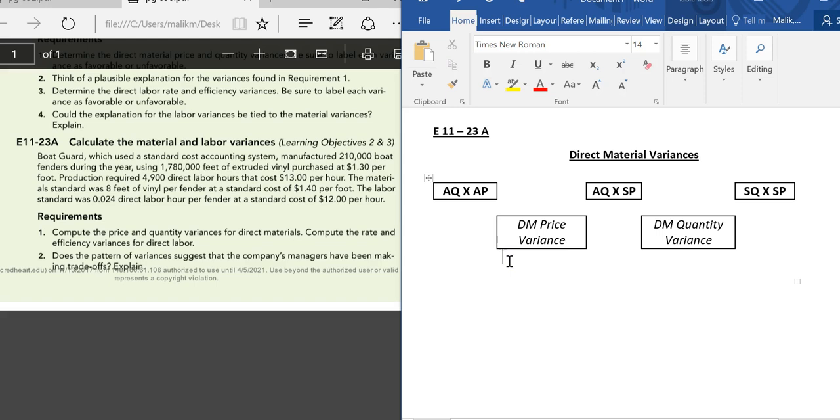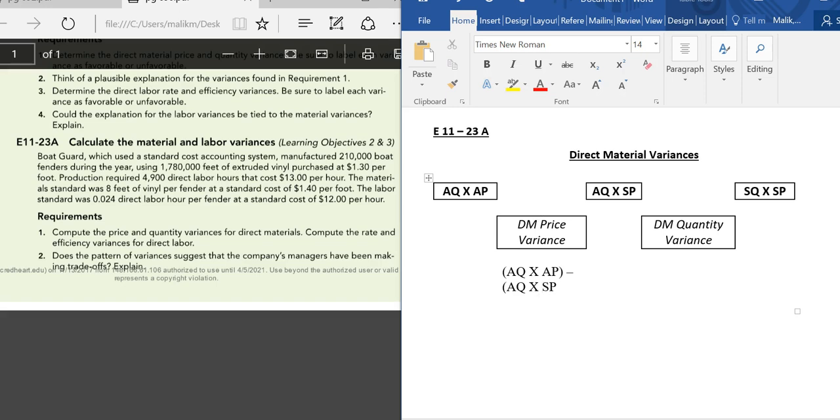Direct material price variance is in a sense the difference between the first box and the second box. So what I could do here is also write down the formula. It's AQ times AP, actual quantity times actual price, minus actual quantity times standard price.